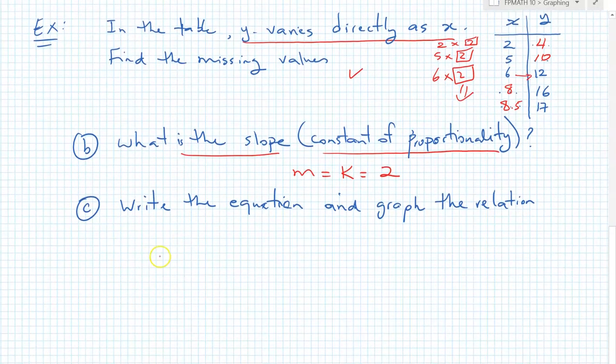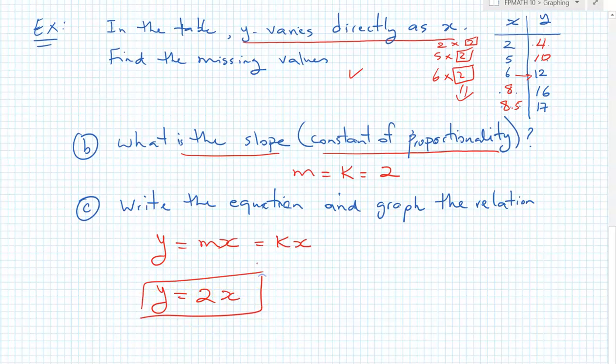Now the equation will be straightforward. So y equal to mx, or remember kx. In different books, different teachers use that instead. So all you have to do is replace k with what you found, which is 2, and x, and that is it. That's the equation of this relation.